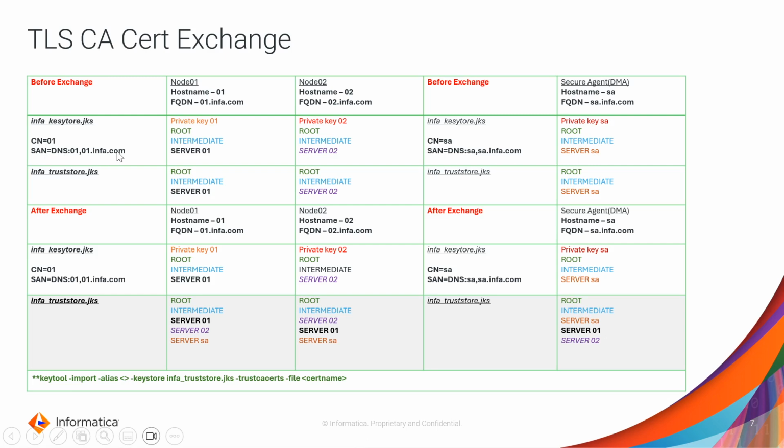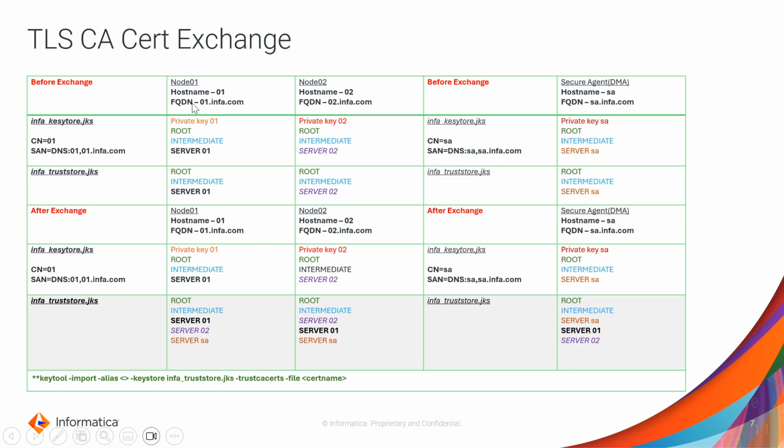Similarly, for node 2, the CN will contain 02 and SAN will contain 02 and 02.infa.com. For secure agent, CN contains SA, that is the host name, and SAN contains the short name of the host of the secure agent and the fully qualified host name. This is the content of CN and SAN for the certificates.